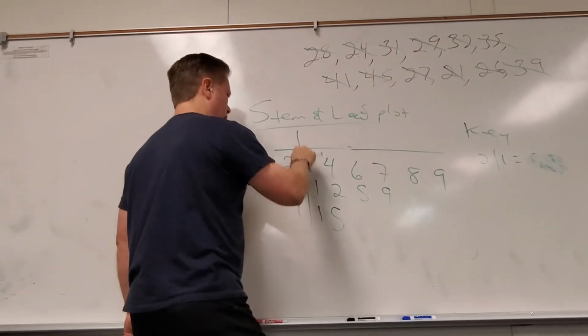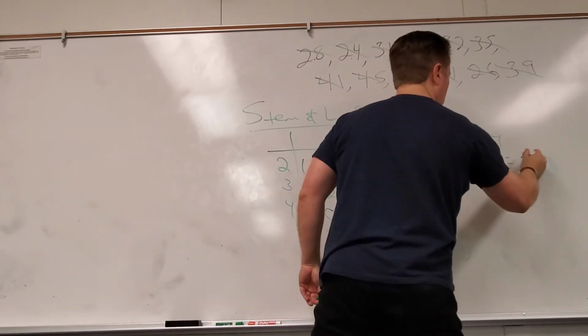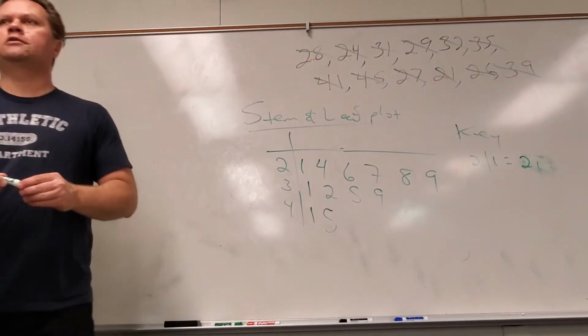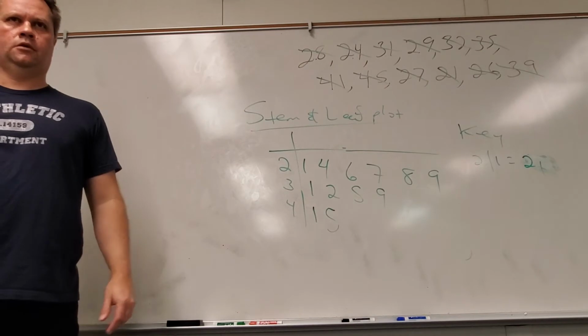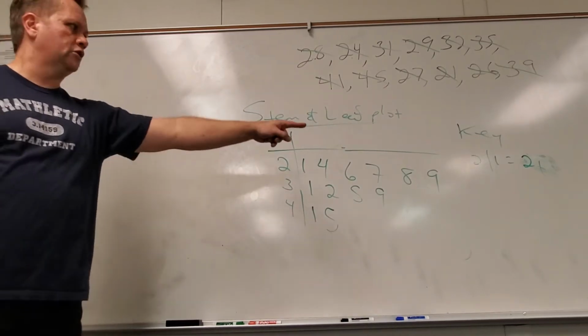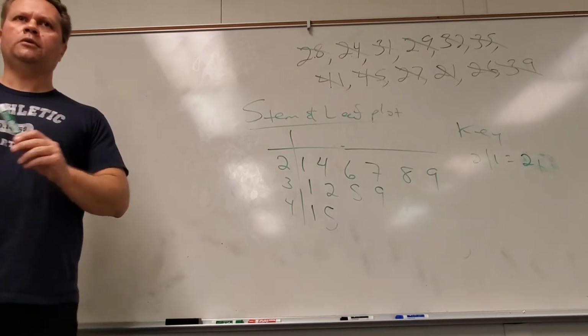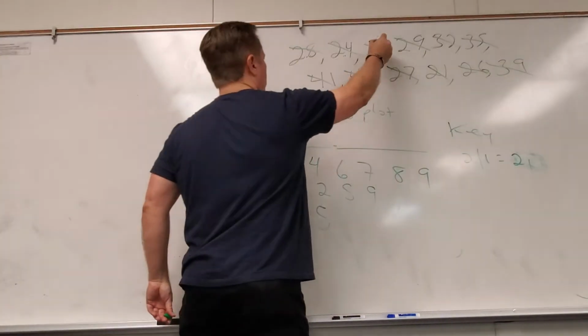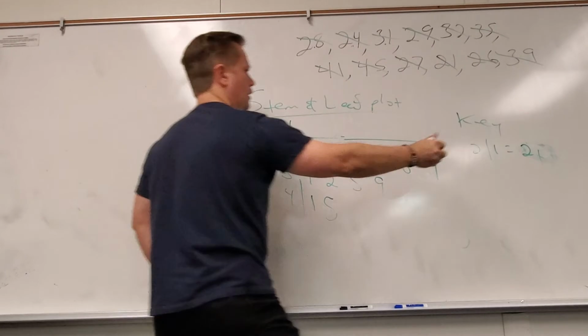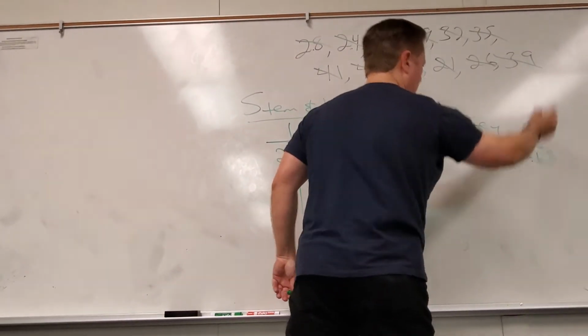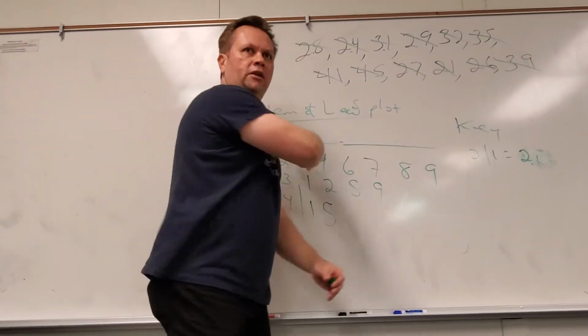What does 2|1 mean here? 21. So that's how to tell somebody how to read this. Your stem and leaf plot's not complete unless you put that key. If the data had been 2.8, 2.4, 3.1, this would have been exactly the same; I would just have the key say that. And then everybody knows how to read it.